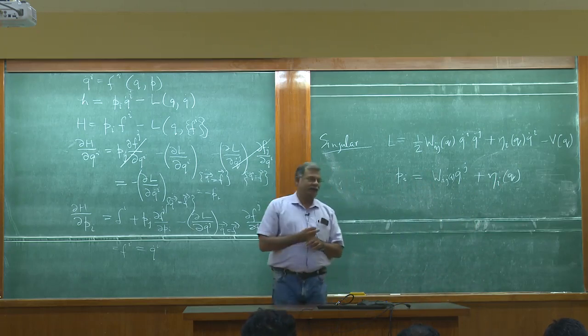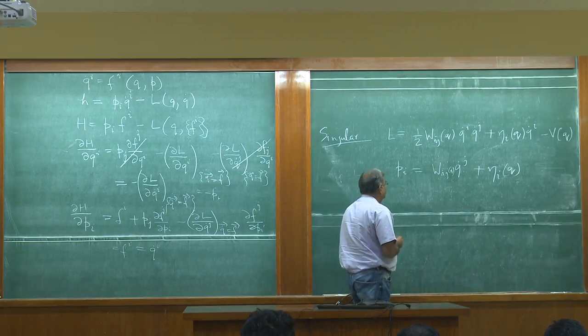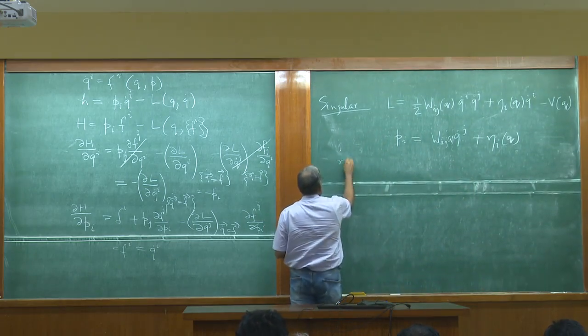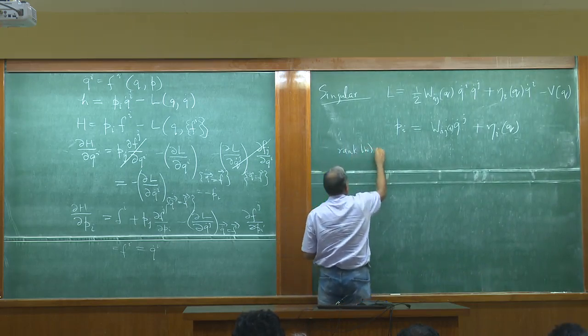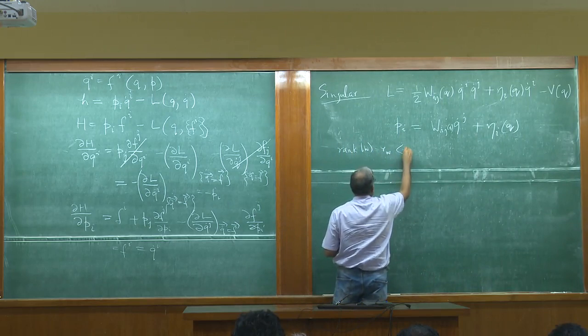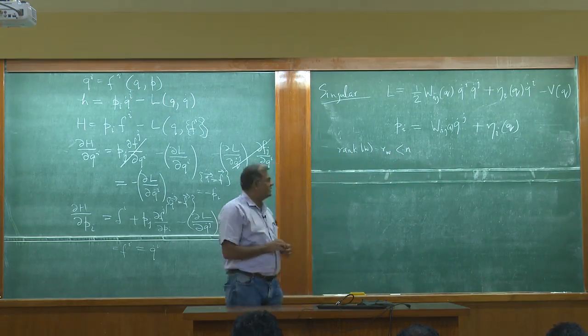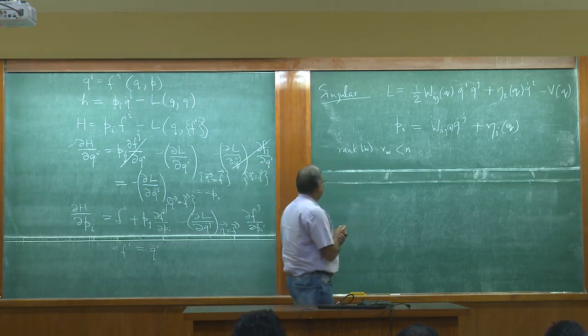However, if W_ij is singular, which is our case, so if the rank of W, R_W, is less than the number of degrees of freedom, the number of variables here. Actually, 2n is the number of phase space variables, but the number of p's here is n.